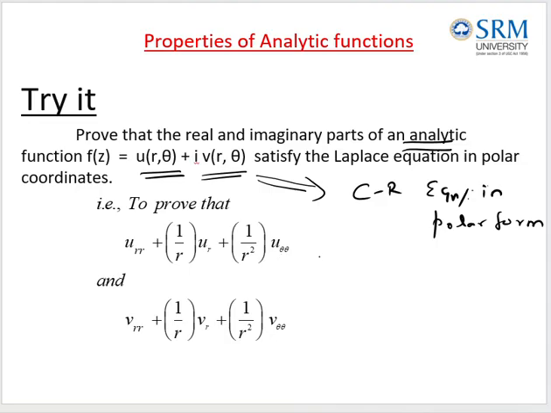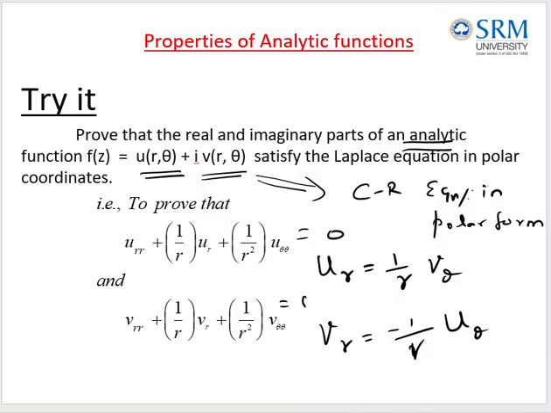CR equations in polar form are ur equal to 1 by r v theta and vr equal to minus 1 by r u theta. Taking these two equations, we differentiate partially with respect to r and theta to get the required terms, and then simplifying we check whether it is equal to 0. If it is equal to 0, I can say that it satisfies the Laplace equation, hence they are harmonic functions. So this you can easily try.